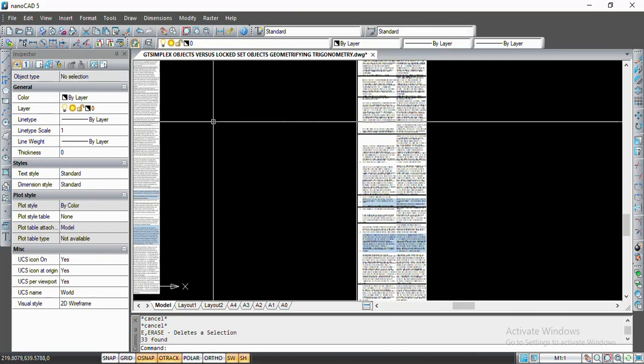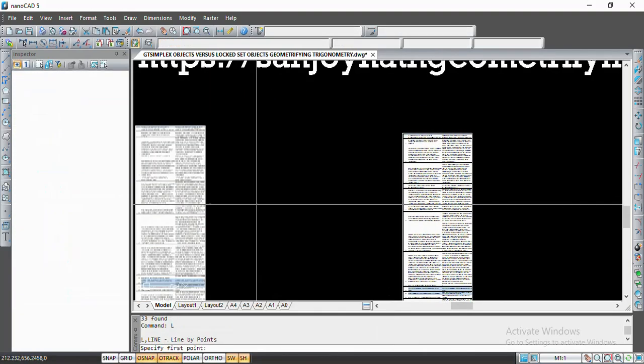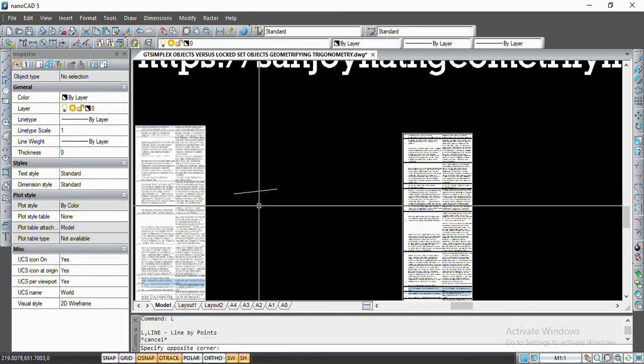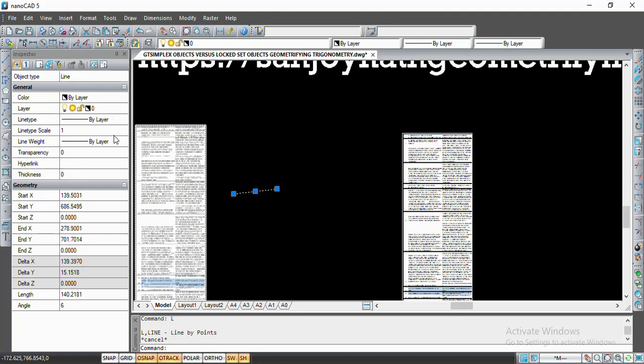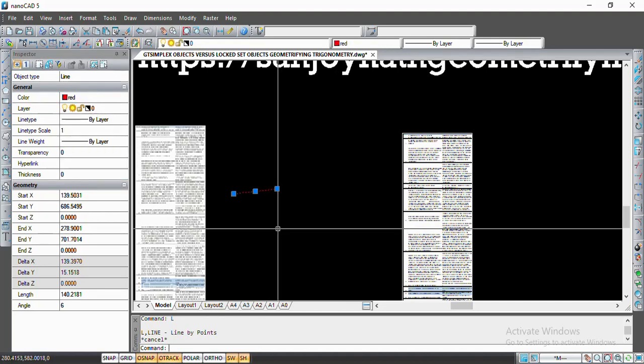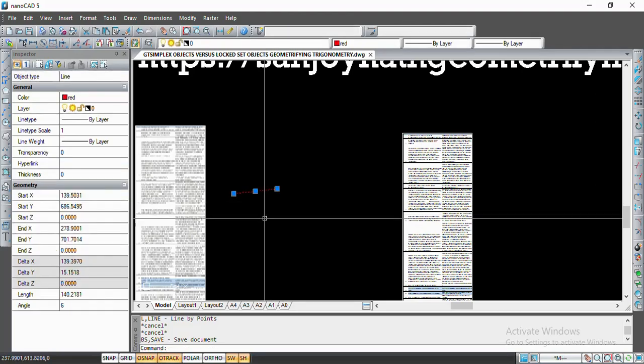Okay, we will start with the simple line segment first. Suppose this one is a given line segment, and it is taken as the red line to identify that it is the initial line segment for the whole show. Now suppose the line segment is there.